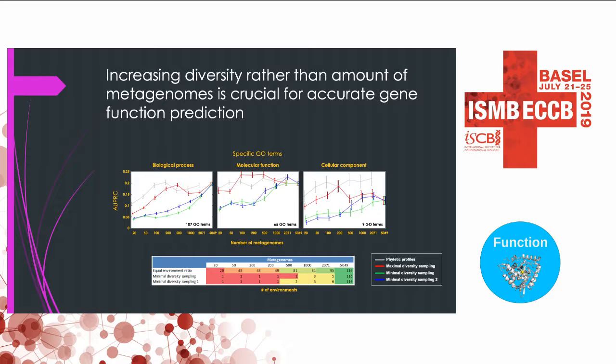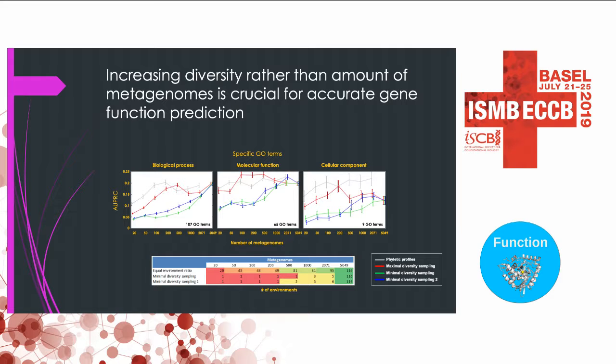First is maximal diversity sampling, where we added metagenomes in a manner to keep approximately the same ratio of metagenomes from different environments. And another is minimal diversity sampling, in which we first added metagenomes from the largest environment, then from the second largest, and so on.